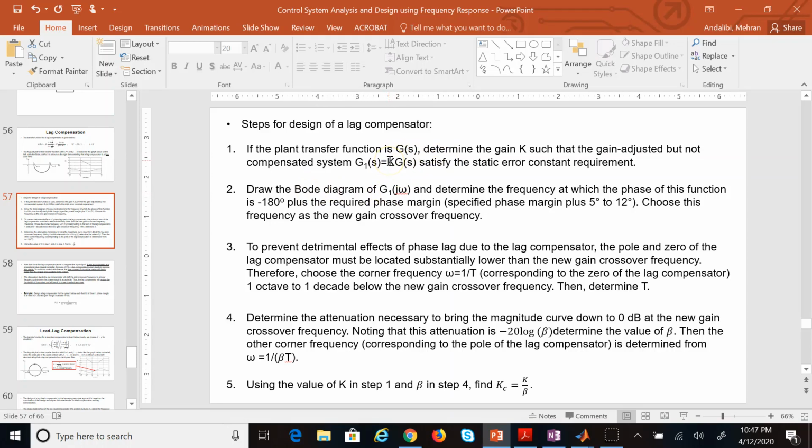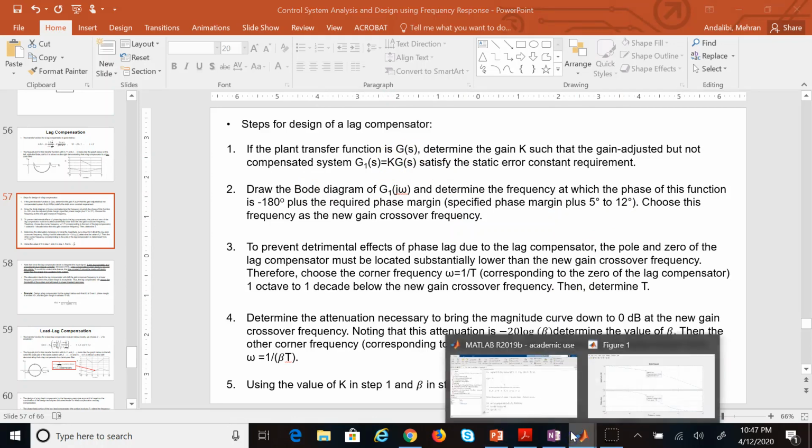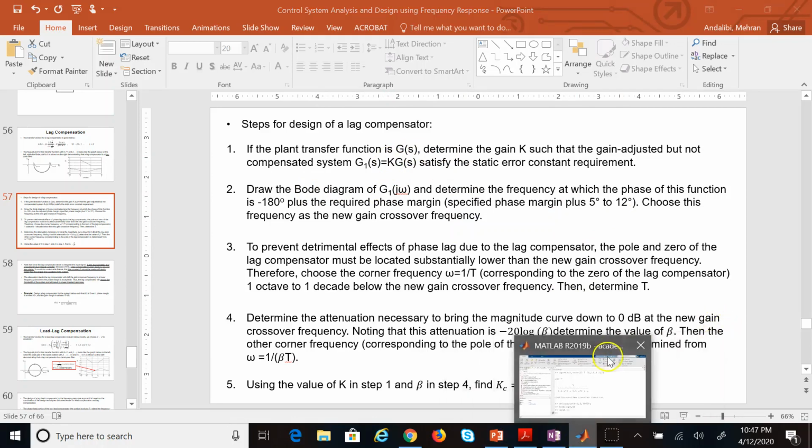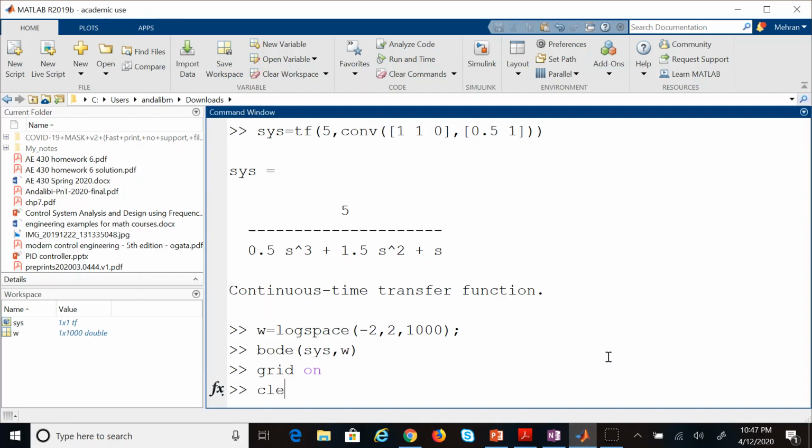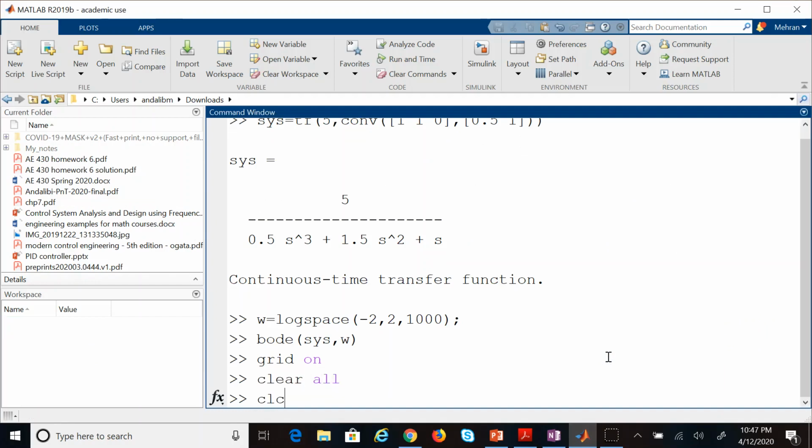That's the only thing we did to it, we added a gain. First let's look at it, then we come back and see what we should do about it. So first thing is, here, let me clear this stuff and redo it for you.